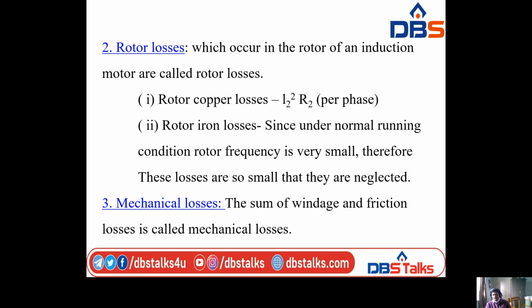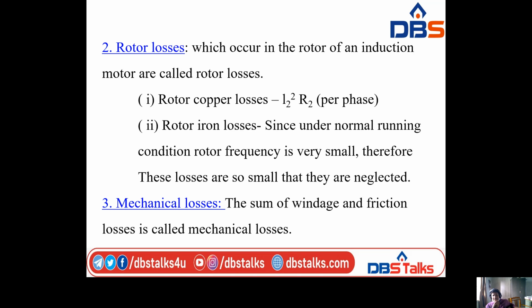Now rotor losses. The losses occurring in the rotor of an induction motor are called rotor losses. Rotor losses may be rotor copper losses or rotor iron losses. Copper loss is rotor I2 square R2 per phase. For iron loss, since under normal running conditions the rotor frequency is very small, these losses are very small and may be neglected.